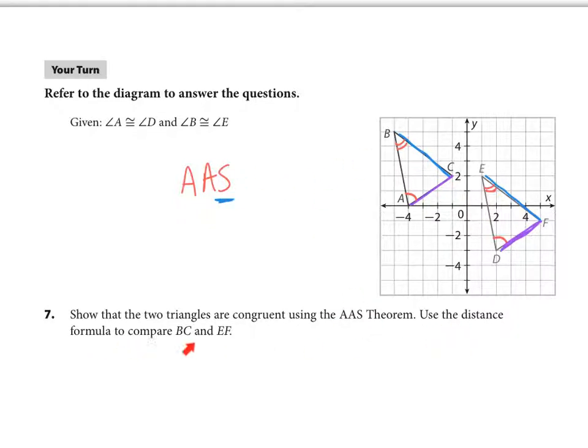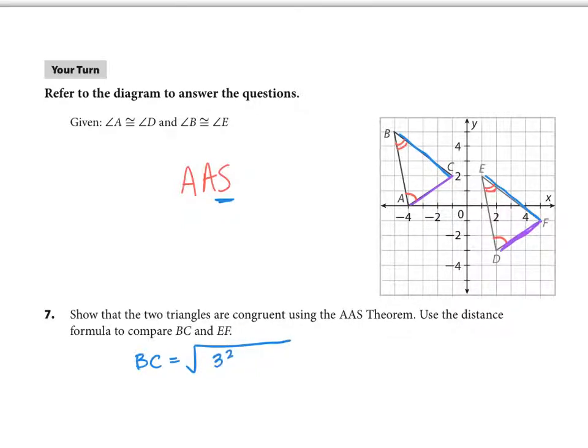And we're going to use the distance formula. Since we're on a coordinate plane and these points have x and y coordinates, we can use the distance formula to compare BC and EF. Those are the blue lines that I traced. So you'll just find BC. I'm going to do a shortcut here of the distance formula. If you try it out for yourself, you can see if you get the same thing.